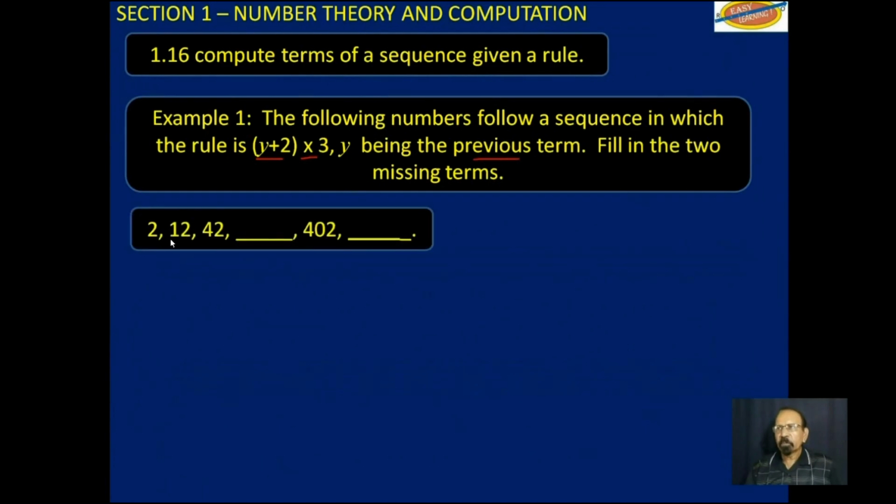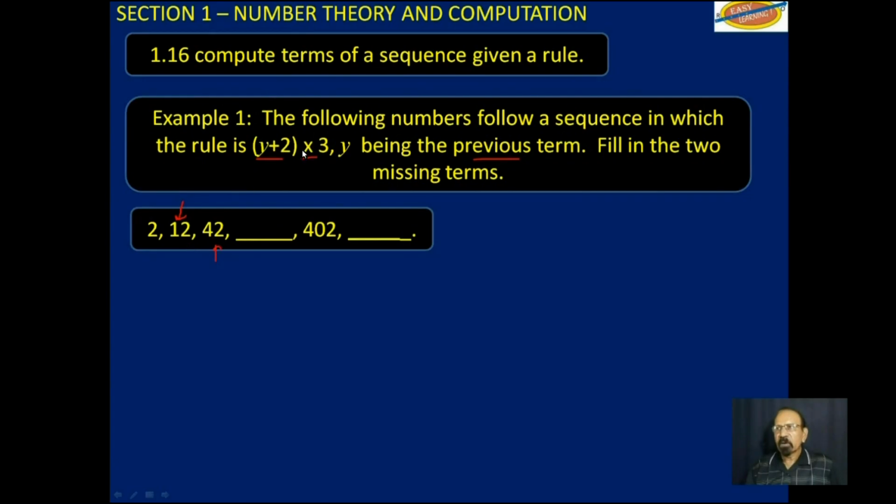So you have 2, 12, 42. So you take the previous term, add it to 2, that will give you 4 multiplied by 3, you get 12. Take 12, add 2 to it, you're going to get 14. Multiply by 3, you get 42, okay. So you take 42, add 2, and then multiply by 3.